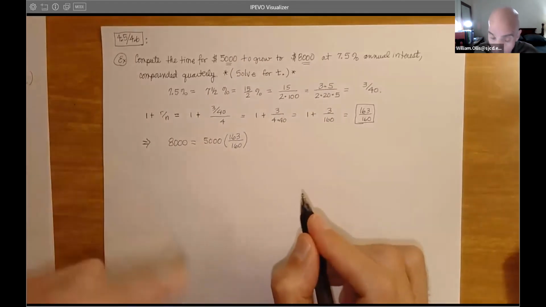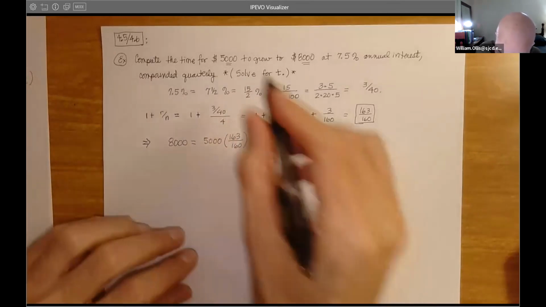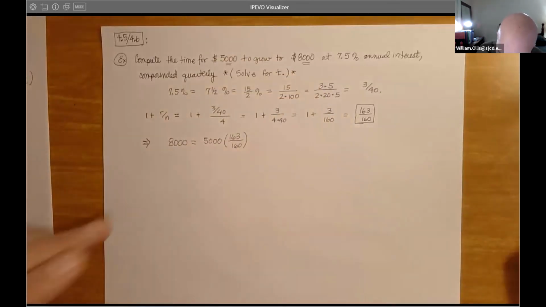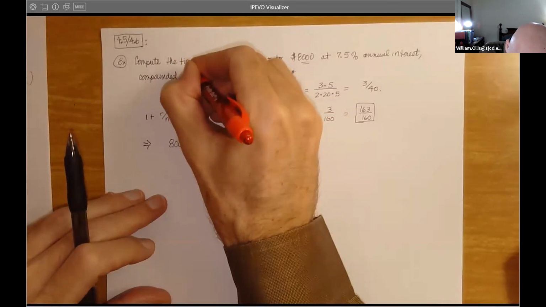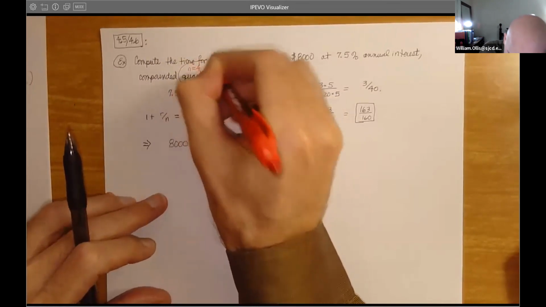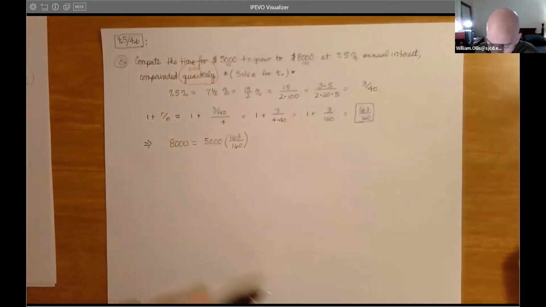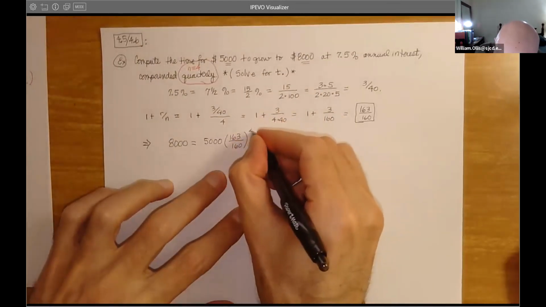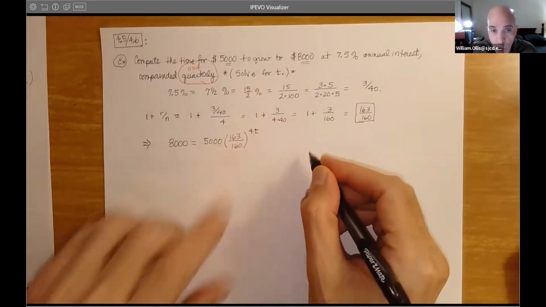So t is the unknown, and n, of course, we have as 4. Let me just go ahead and notate this in red, just to kind of circle that. We've already used that, and I think you know that, but that's a 4. So we get 4t. And like I said, we want to solve for t.